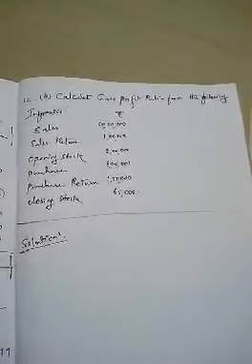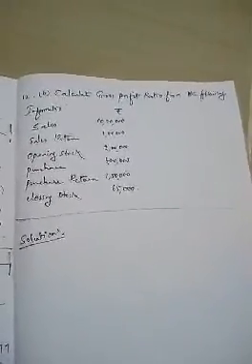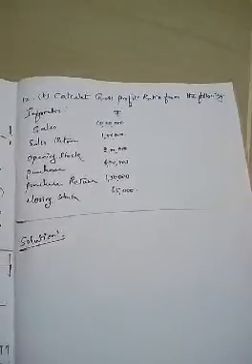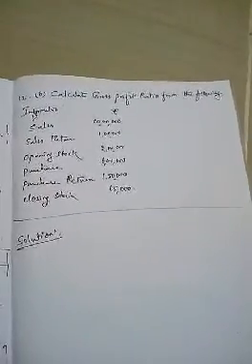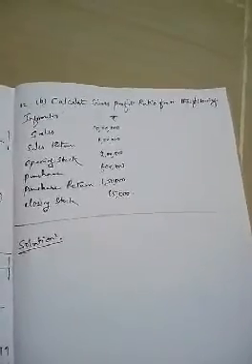Before going to the solution part, we first go through a small theoretical point, that is, what is gross profit ratio. Gross profit is to find out the business earnings in a gross manner.